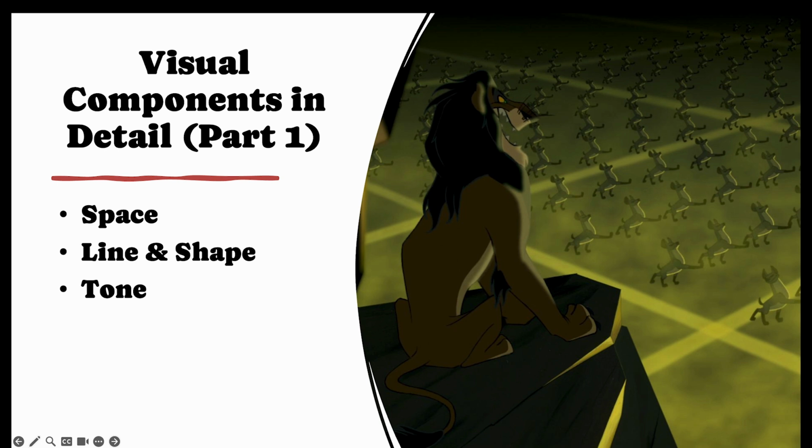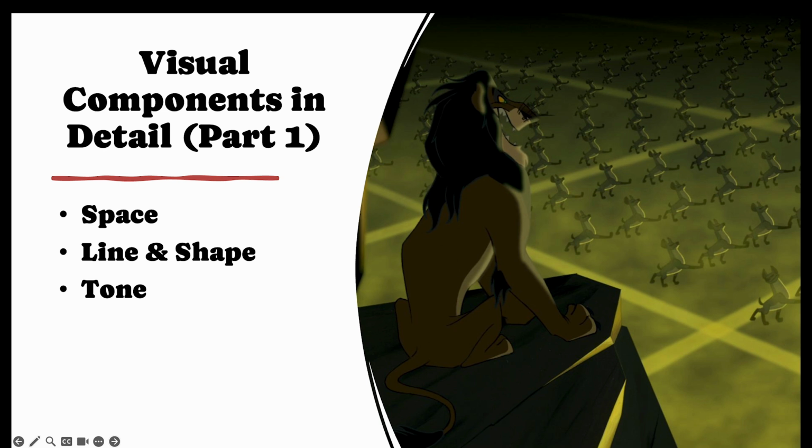We are close up and close to Scar, yet he is a dark silhouette, and all that is highlighted on his silhouette is his sort of evil expression on his face. He has kind of a maniacal sort of laugh going on.